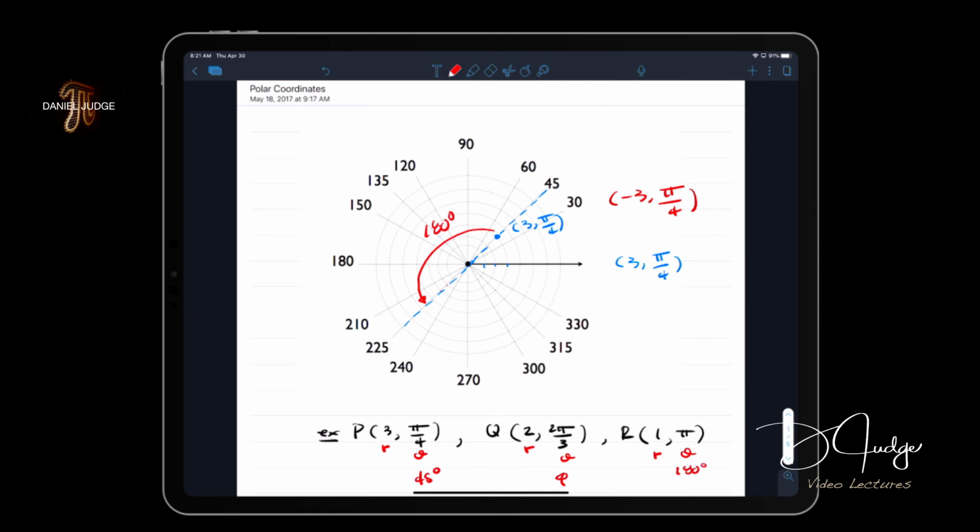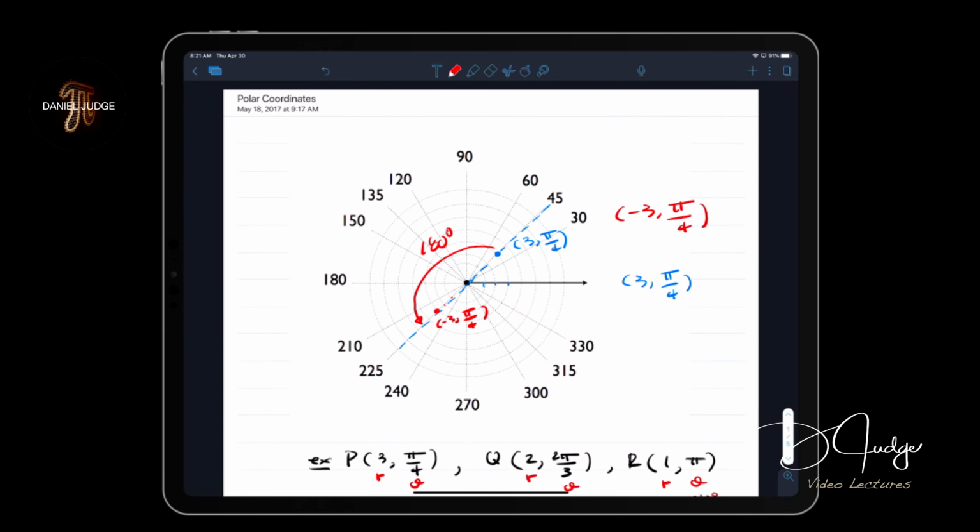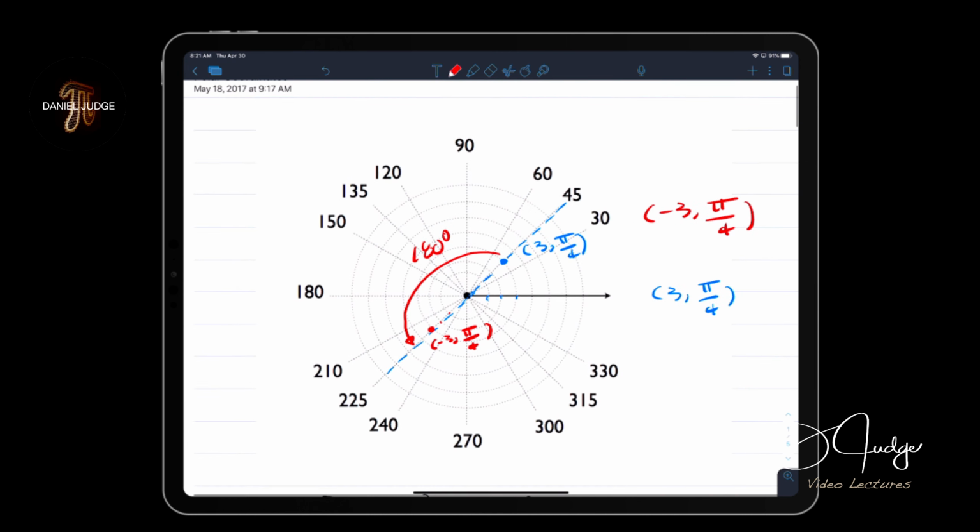I can now label this as 1, 2, 3 here. This is the location of negative 3, pi over 4. This is what they mean by across the pole. Okay? So this is our location.